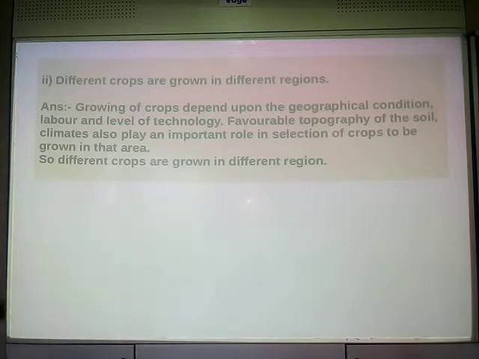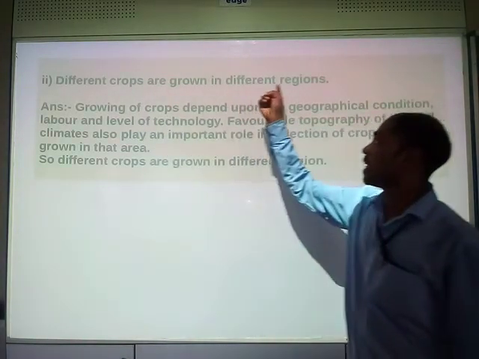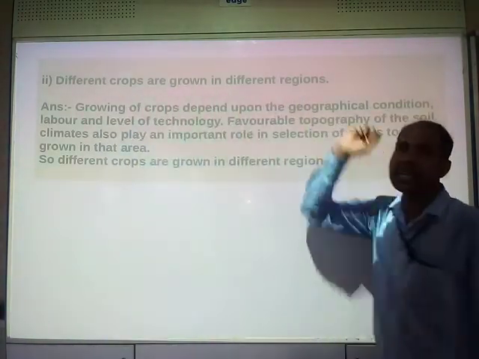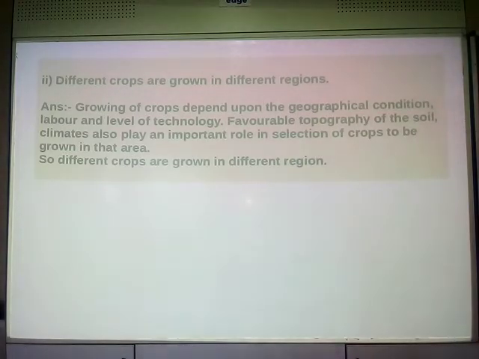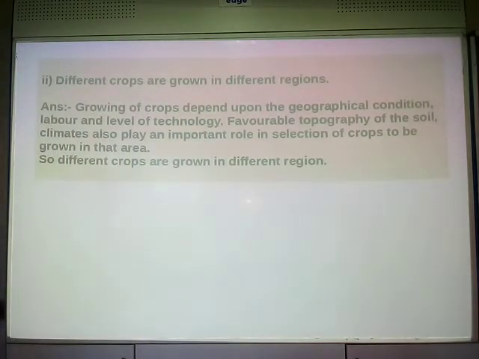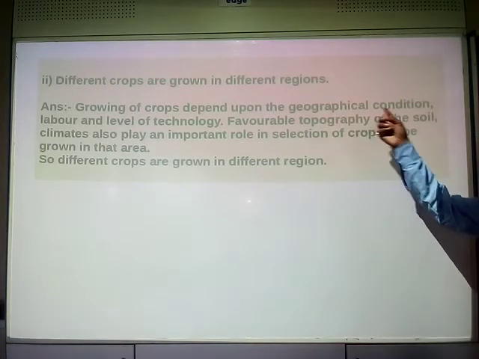Another reason: different crops are grown in different regions. For different crops, different areas are required. Why are different crops grown in different regions? Just because we get different climatic conditions, different soil conditions, different topographical features, geographical conditions you can say. That's why different crops are grown in different regions. Growing of crops depends upon the geographical condition.